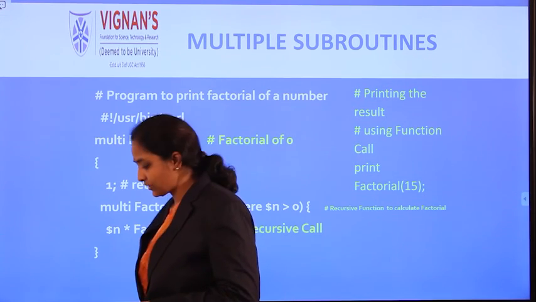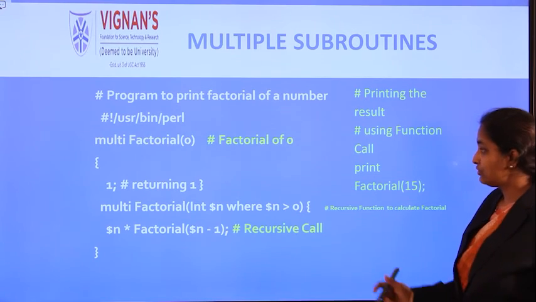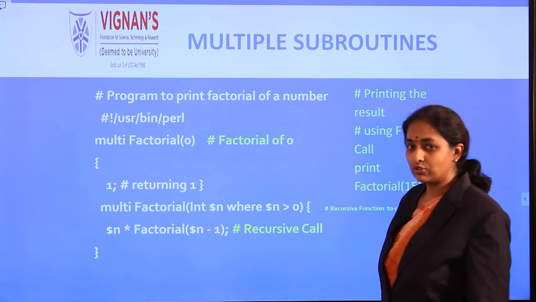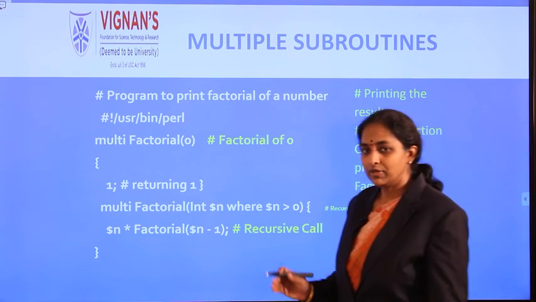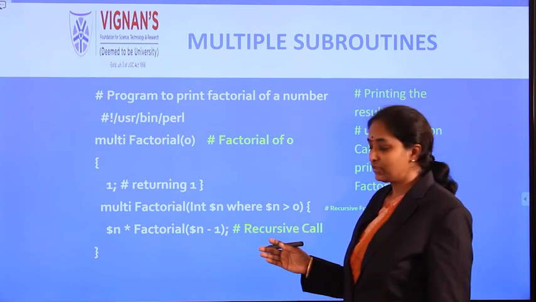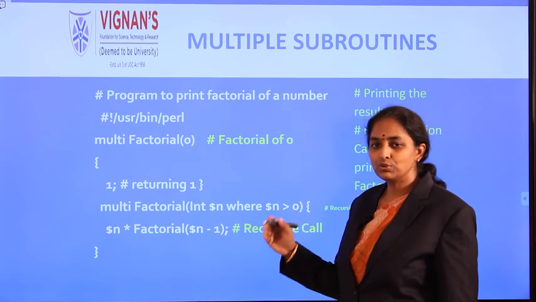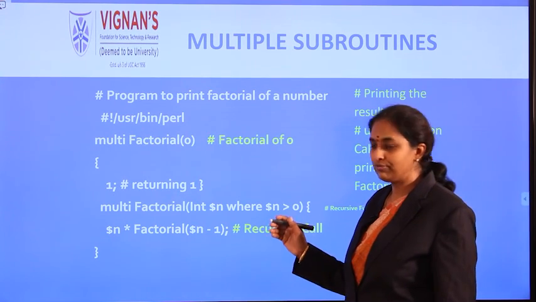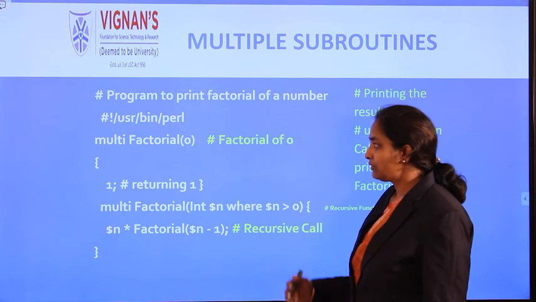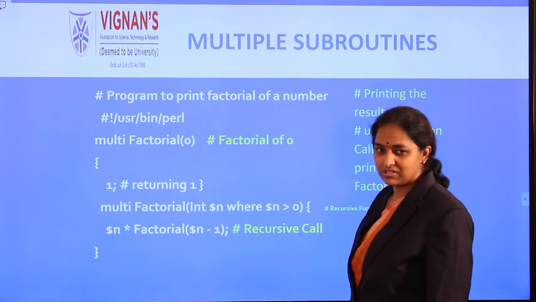It is nothing but 1, 2, 3, 4, 5, so we are multiplying 1 into 2, 2 into 3, 3 into 4, 5, like that. Here we can do the same with recursion.